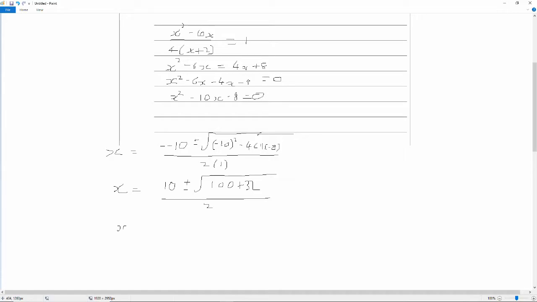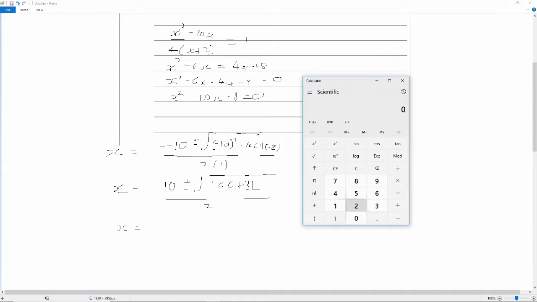So x is equal to, and I'm just going to grab my calculator. Okay, so it's 10 plus the square root of 132. 100 plus 32 is 132. Find the square root. Equals, divide by 2. 10.744.